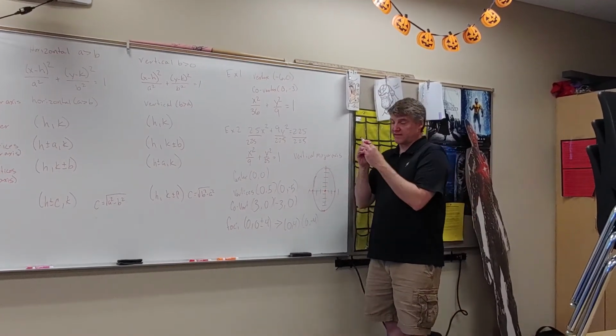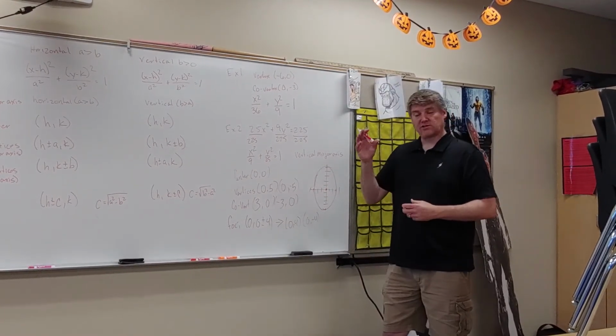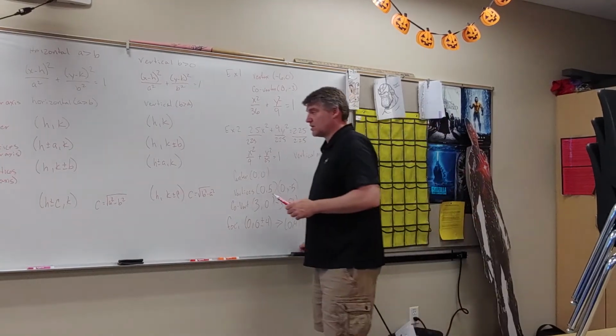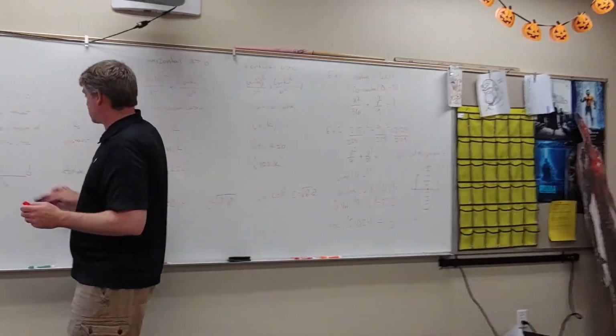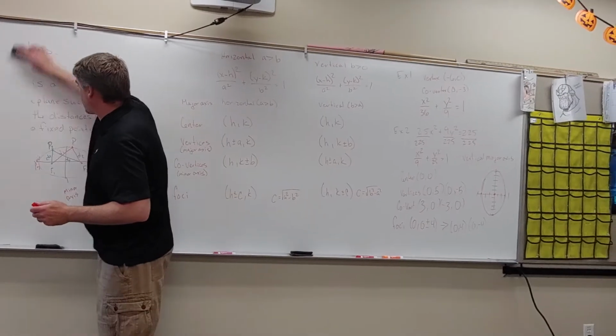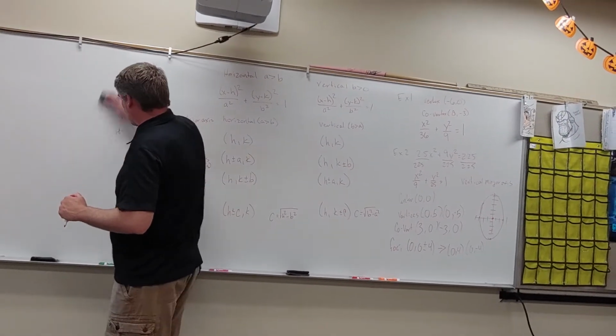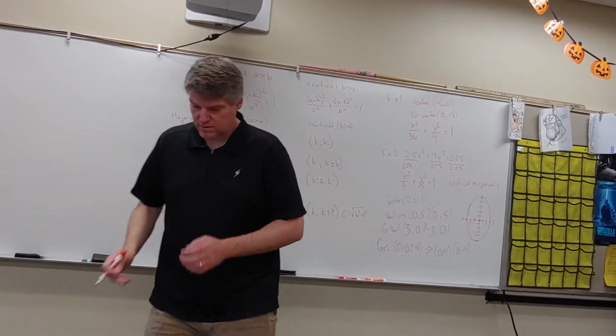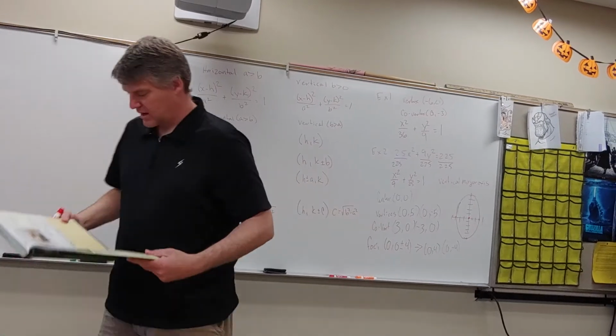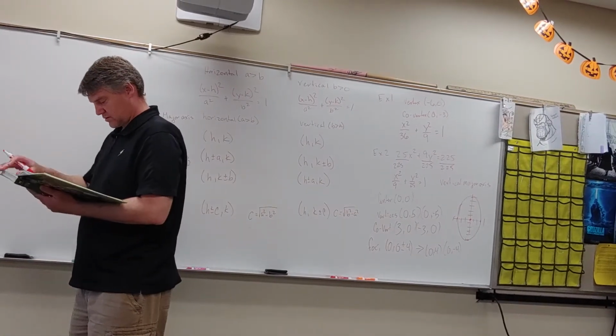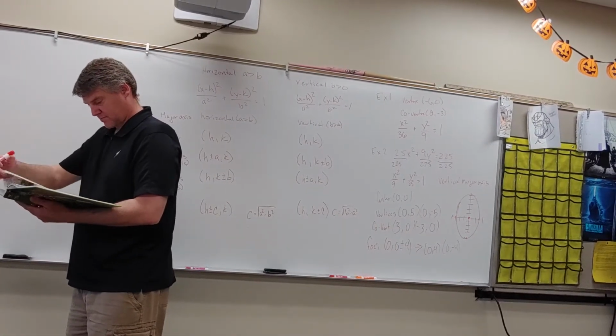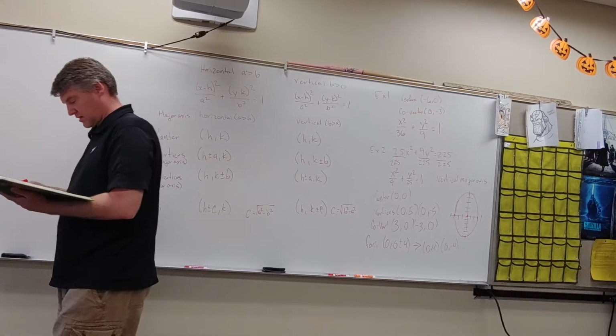Okay? So you're going to find your center. You're going to use your major axis, your minor axis to be able to graph that. Right? So let's look at maybe one more example here. Let's see here.